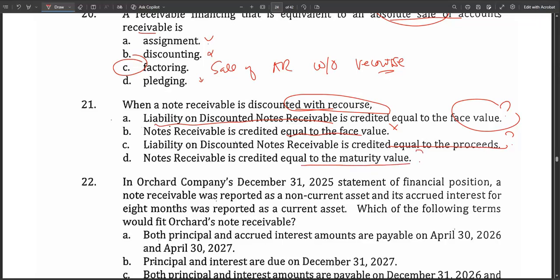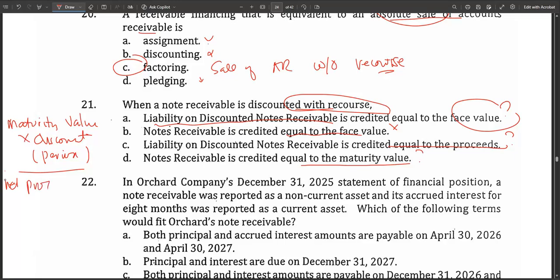No. Because regarding the maturity value, remember, we start with the maturity value. That's where we begin. Then we multiply the discount rate, which is subject to the period of discounting. After that, we can have the net proceeds.